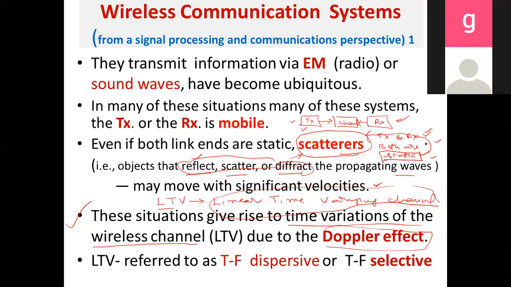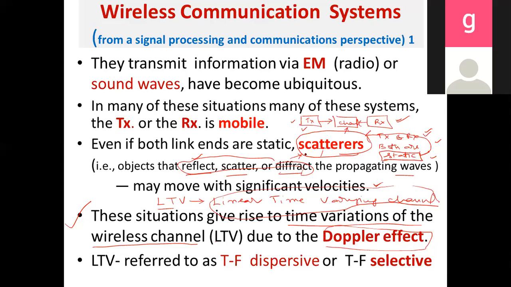In all three cases, the signal gets affected because of the objects in the channel. This phenomenon is due to the scatterers, and the effect may be due to reflection, scattering, or diffraction.